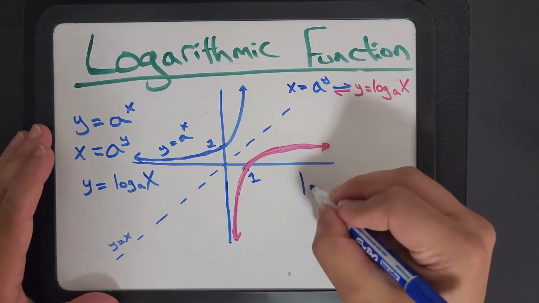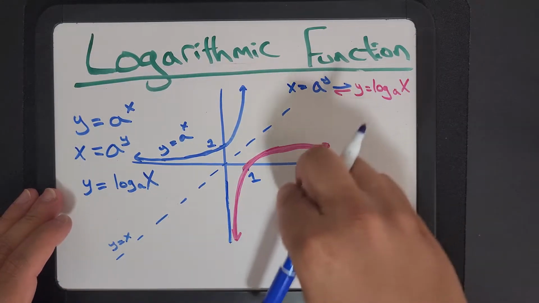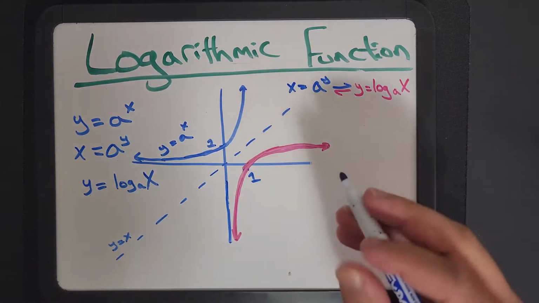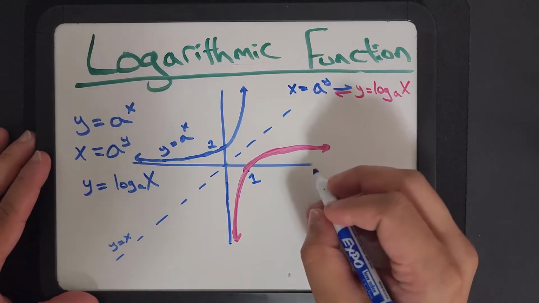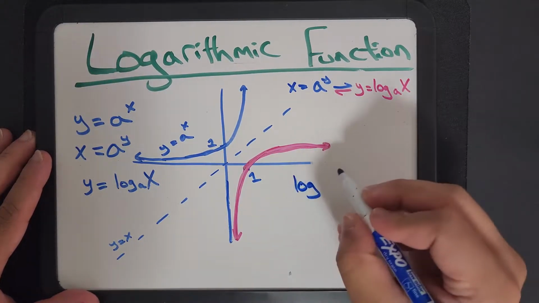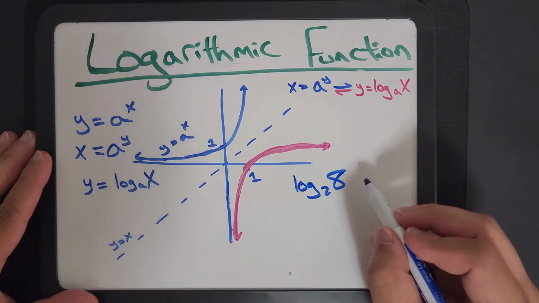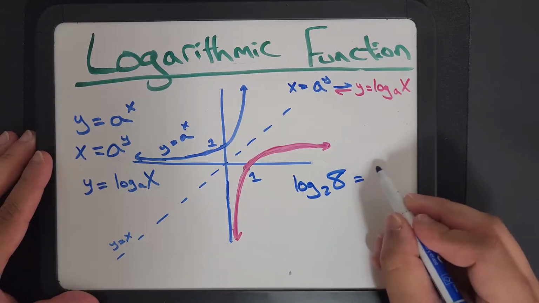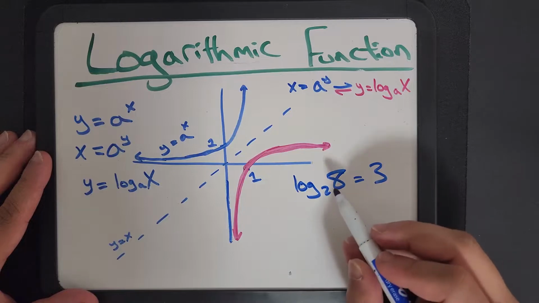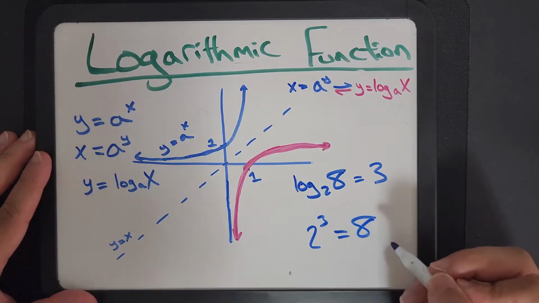Say we have log 2 of 8 is equal to 3. We know that 2 to the power of 3 is equal to 8.